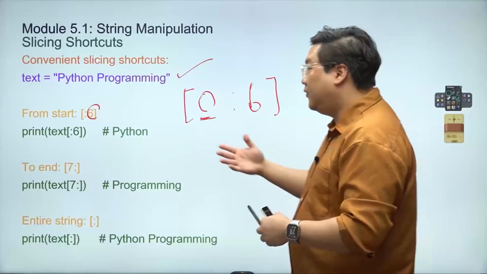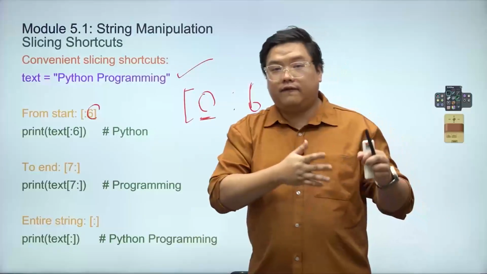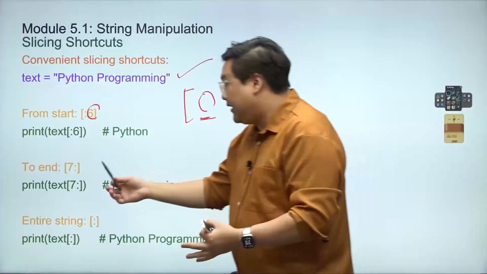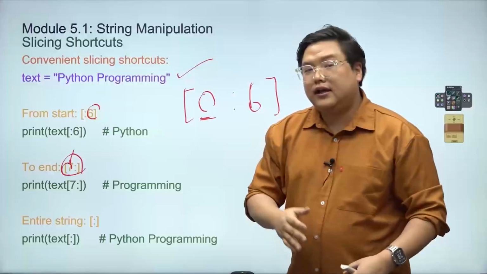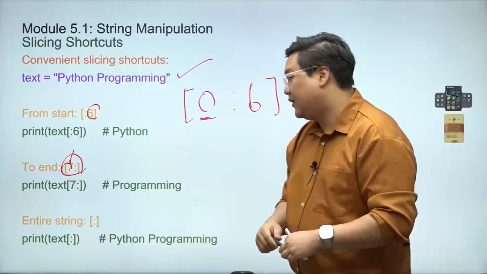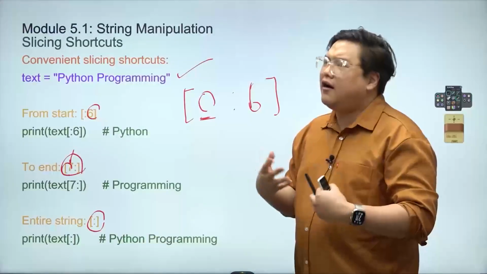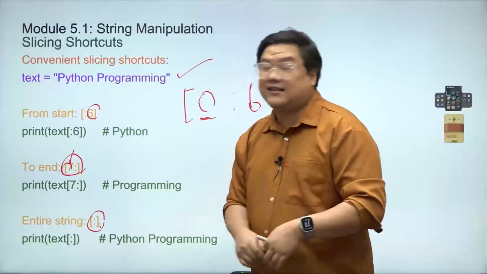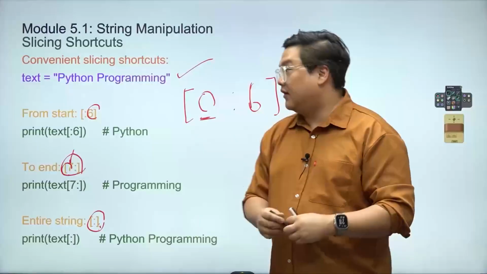Okay, so we're only designating the end index here, and that will bring everything from the beginning to index 5. Okay, same thing here. If we only designate the start index, it will bring everything from the start index to the end of the string. Okay, and yeah, there are some cases when we need to bring the entire string, so you don't have to designate anything there. That will just automatically bring the entire string, okay?